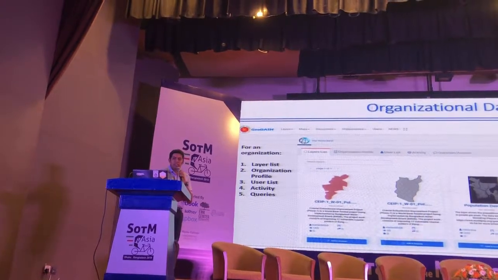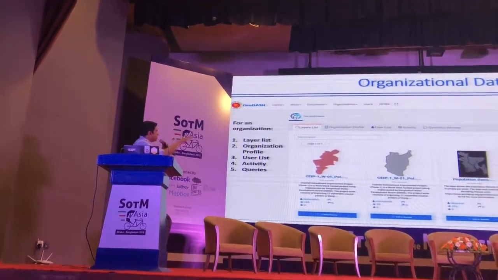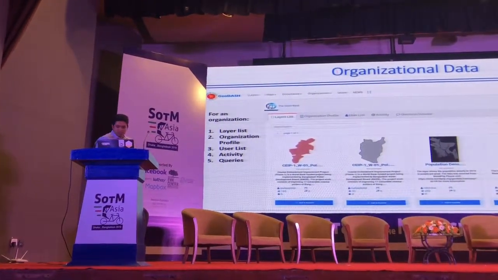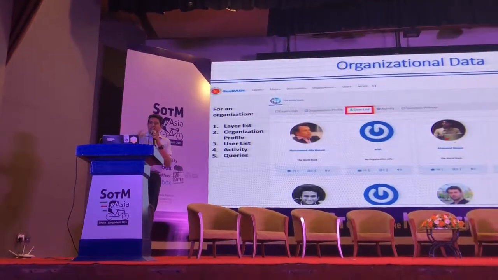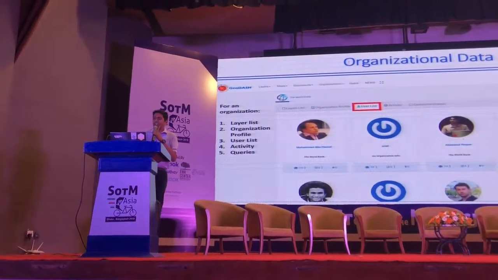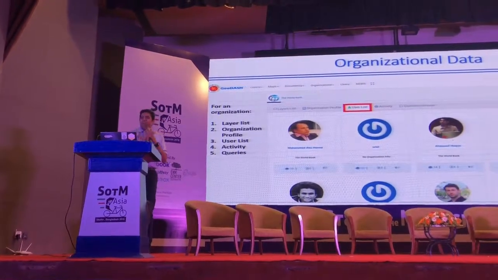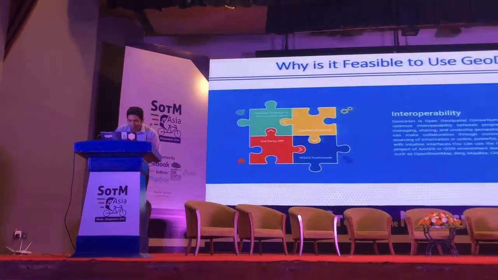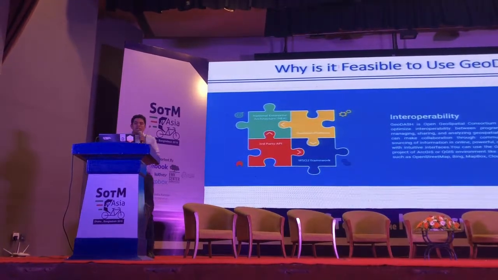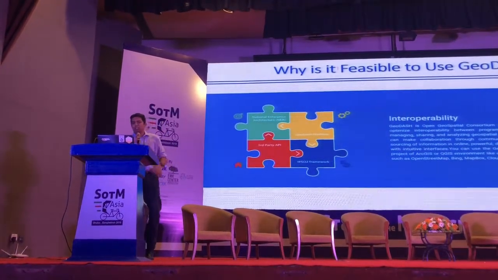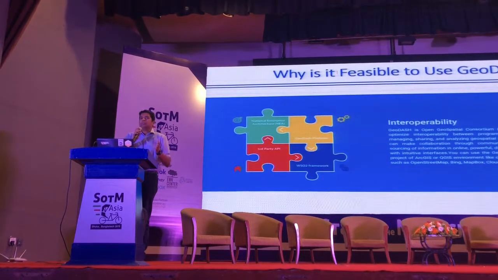So here you can see, for the World Bank, there are a lot of layers already uploaded. And there is a user list. Asan Bhai is also one of our users because he was part of it. So why is it feasible? It's interoperability.